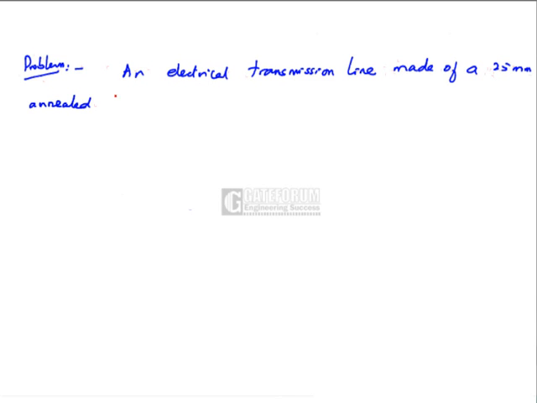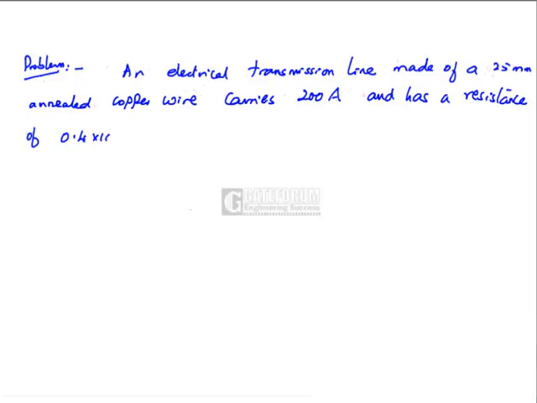The problem is given as an electrical transmission line made of a 25 mm annealed copper wire carries 200 amps and has a resistance of 0.4 into 10 power minus 4 ohms per centimeter length.